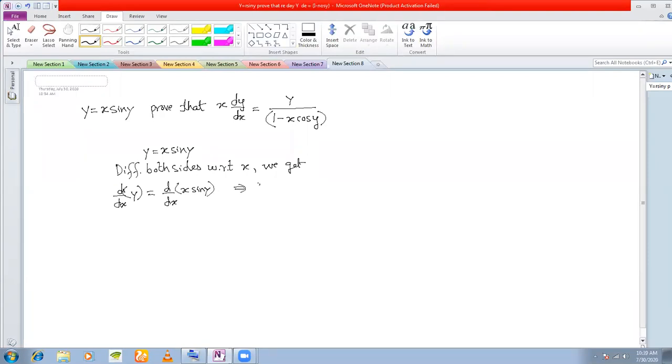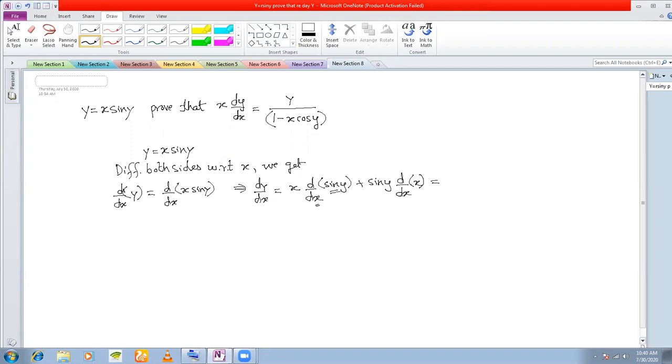That means dy/dx is equal to x d/dx of sine y plus sine y d/dx of x, which is equal to, now see, d/dx of sine y.